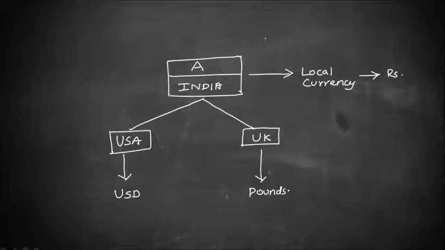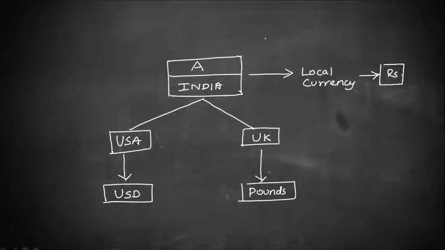So the customers in USA would be paying only in US dollars, not in rupees. Similarly, the customers in UK would be paying only in pounds, not in rupees. But the local currency of company A is rupees. So now this company is exposed to foreign exchange transactions.